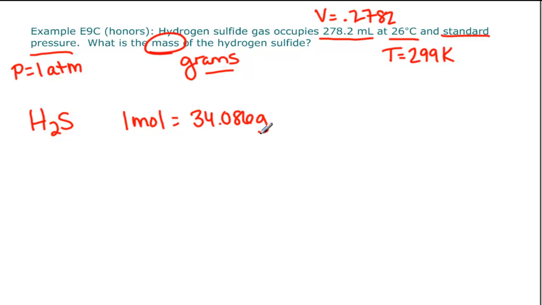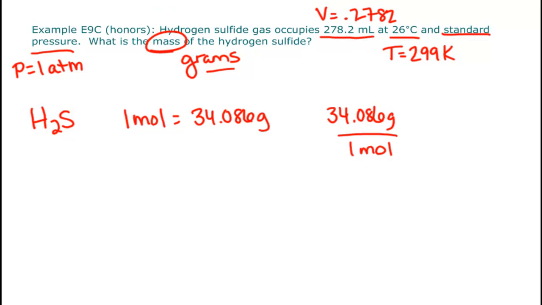Now remember, when you write a molar mass, you can put that in a fraction as 34.086 grams over 1 mole. So we're going to use this, okay? So I'm going to use this to start my dimensional analysis.